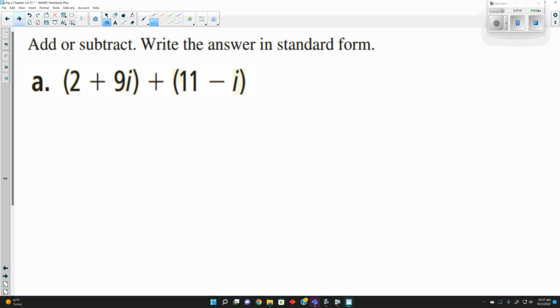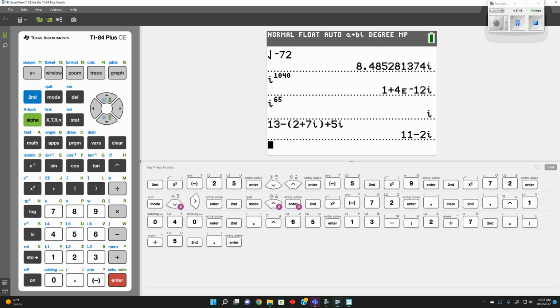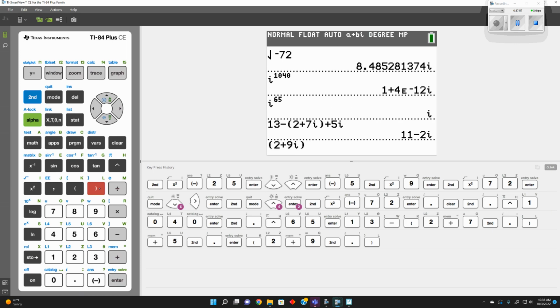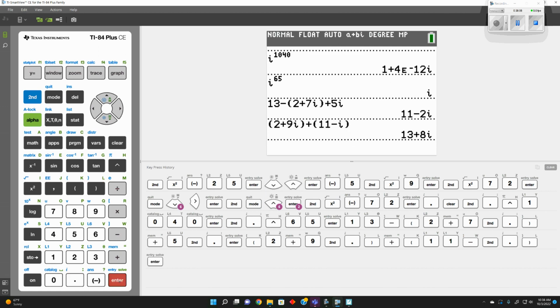All right, guys. Let's look at this one here. So 2 plus 9i plus 11 minus i plus... I mean, we can type it into the graphing calculator and it'll tell us it's 13 plus 8i.